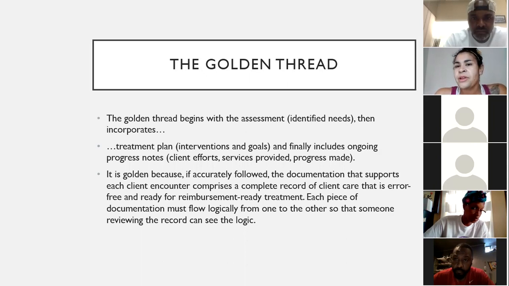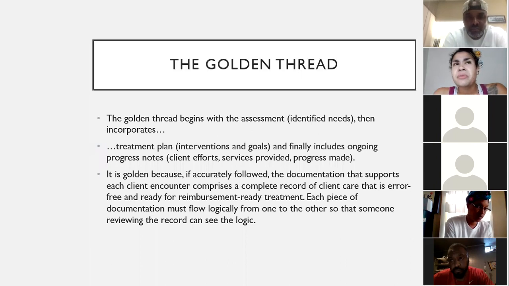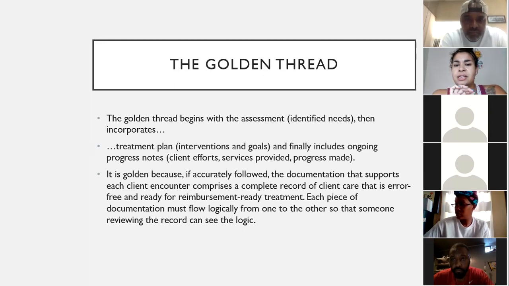Then it incorporates the treatment plan, which gives the goals and the interventions that you as a clinician will be doing. And then it incorporates the progress notes: the effort the client is putting in, services provided, any referrals that you have made.